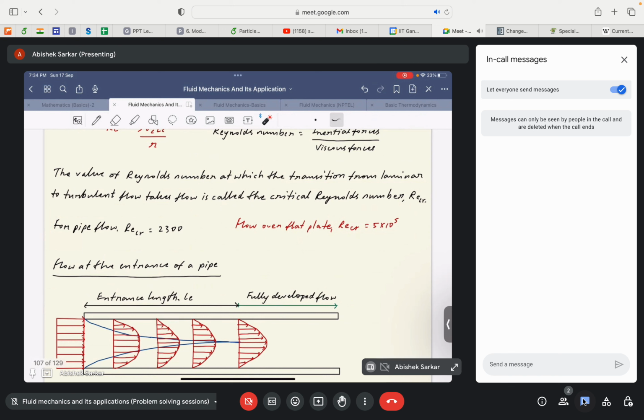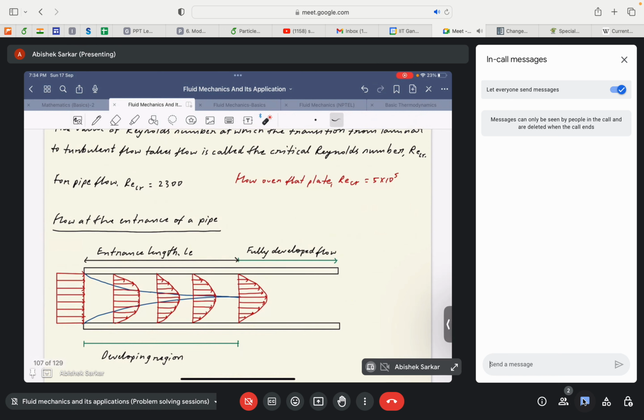But just for your understanding, below 2300 the flow is laminar. It is absolutely clear that below 2300 for a pipe flow the flow would be laminar. It's absolutely correct. But above 2300, say 2600, if I say that a pipe flow at 2600 is turbulent, that becomes a bit difficult to digest, I must say.